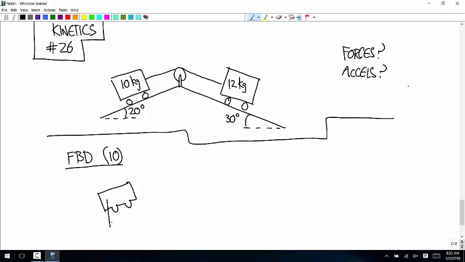What do we have? We have a weight down of 10 times 9.81. We have a normal force, N. And we have a cable tension, T. Yep, so any time you have a problem where a thing is rolling or sliding, when you isolate that body, you have the rotated coordinate system.